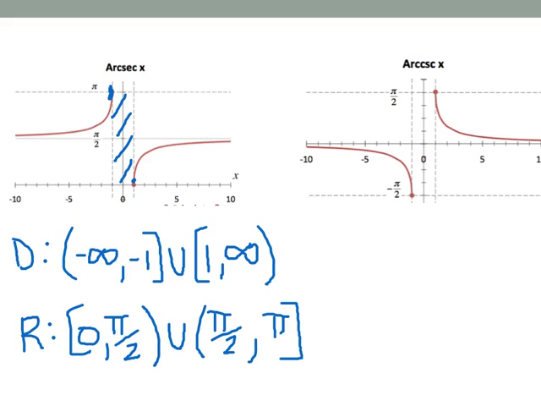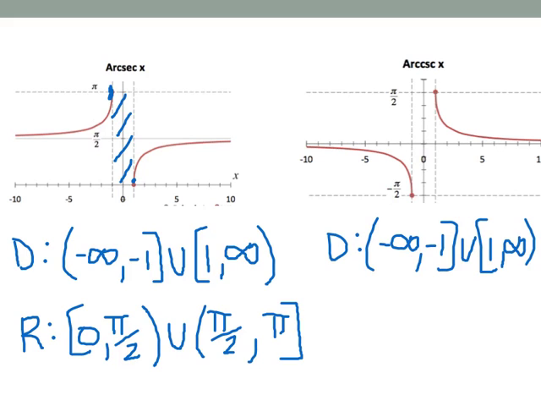And then looking at the graph of the inverse cosecant, so arc cosecant, we have a domain from -infinity to -1, and then from 1 to infinity, so same domain as the arc secant or inverse secant, and then our range here is going to be from negative pi over 2 to 0.